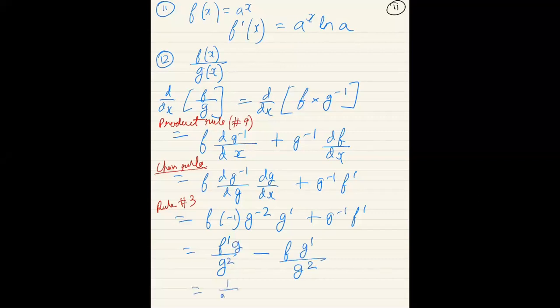So this is 1 over g squared multiplied by f prime g minus f g prime. As you can see, it looks complicated. And most of the time, this is one of those formulas which I myself don't remember sometimes. It's easy to derive if you remember the product rule and the chain rule. And in general, if you have the function given, you can just work through the math and see what it looks like.